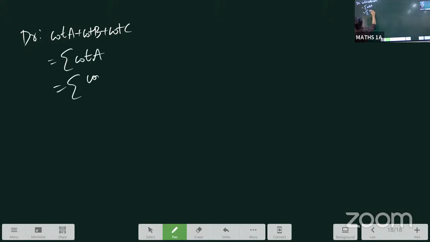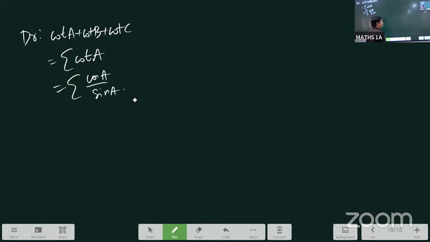That is cot A plus cot B plus cot C. The denominator is cot A plus cot B plus cot C, that is nothing but summation cot A. Can I write cot as cos A by sin A?